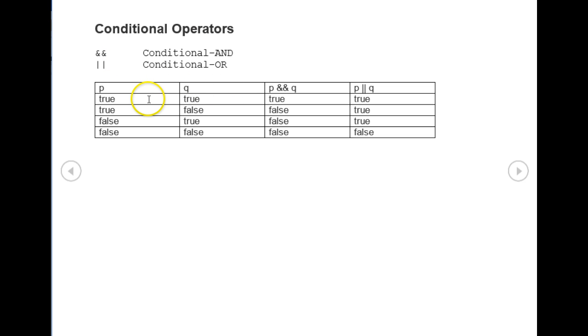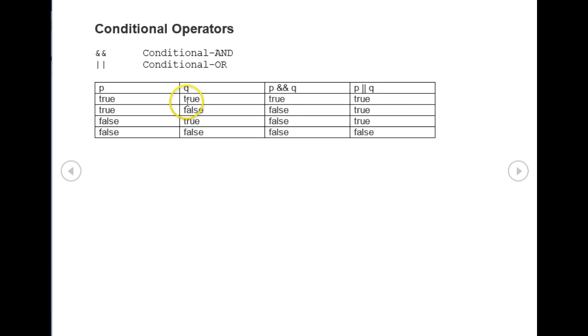When you AND two true values, you get another true value. So it's better to think of it in terms of this table. When you AND a true and a true, you get a true.